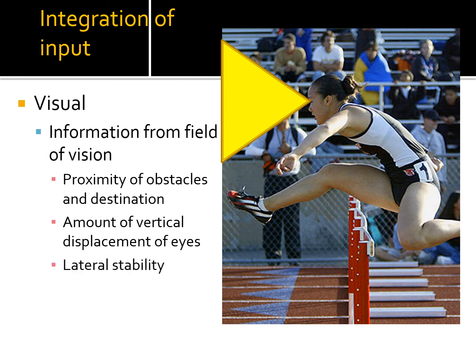And also about lateral stability to make sure that she's not going to fall over to the side while she is in the air. And also velocity through the field of movement.